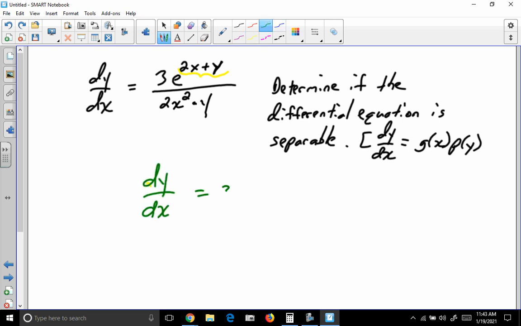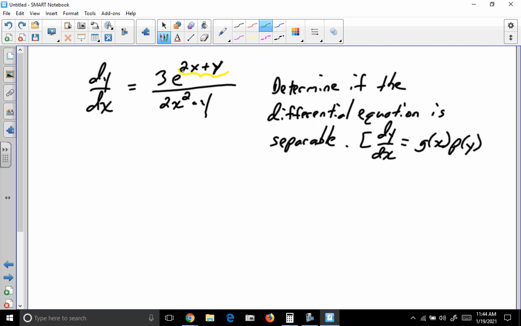If we had this, since this is all in one factor, and that factor contains both x's and y's, it turns out we're not able to separate that. We're not able to get just y's on one side and just x's on the other. There's not a way we could rewrite that to make that occur.